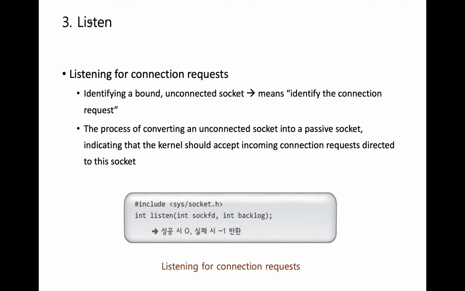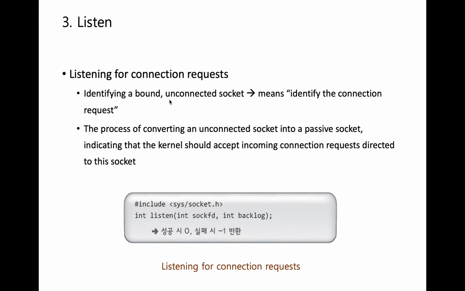So let's come back to the listen part, listening for connection requests. When we are ready to connect to other devices, we start listening for TCP clients' connection requests by making this function call. Let's try to read this definition.